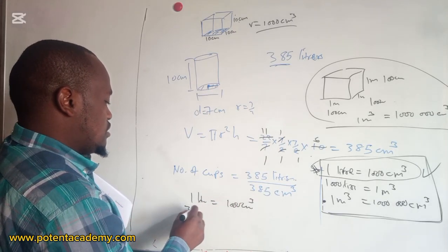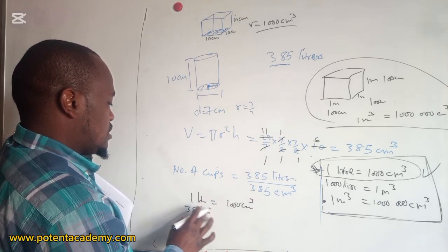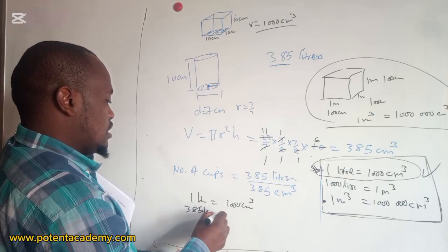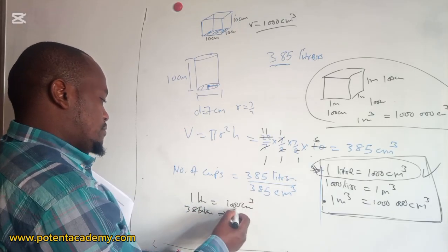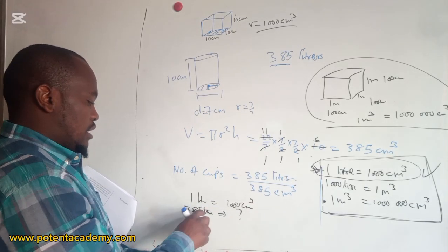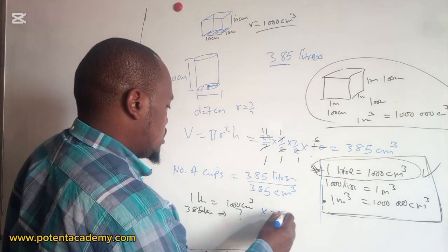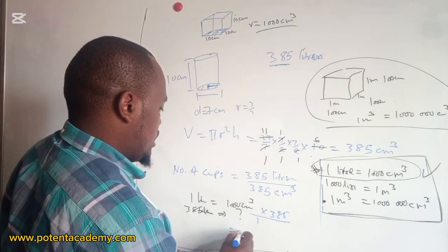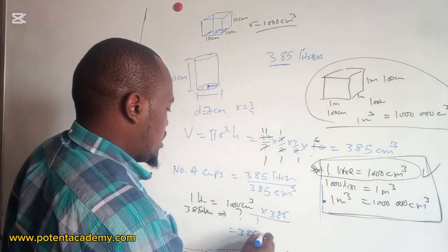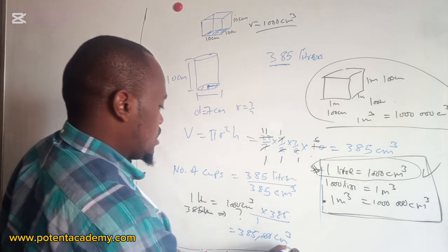What about 385 liters? You cross multiply. You multiply by 385 over 1. The answer is 385,000 centimeter cubic.